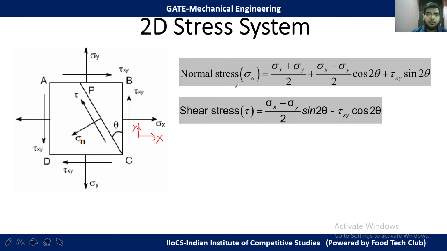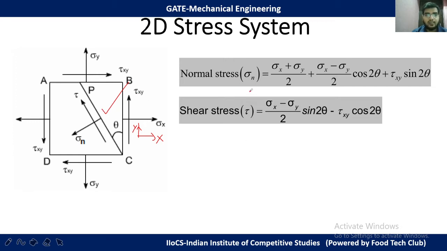We can derive these two relations by considering this portion PBC and equating all the forces caused by the stresses sigma x, sigma y and tau xy. When we equate the forces, this type of relation can be found.